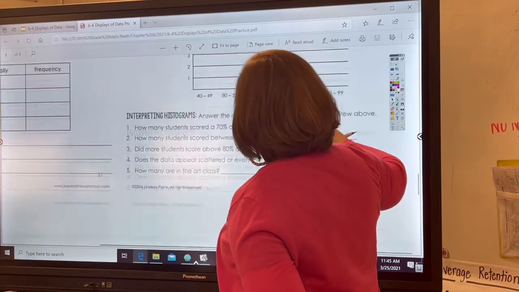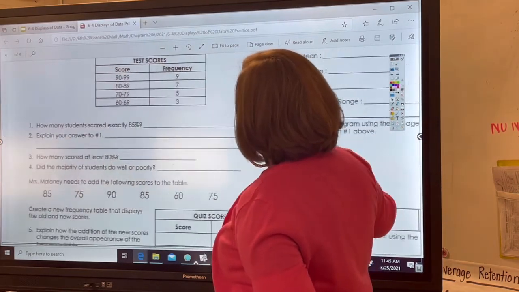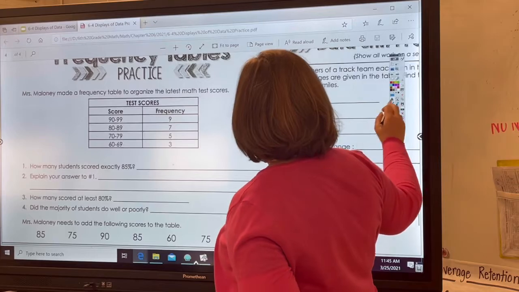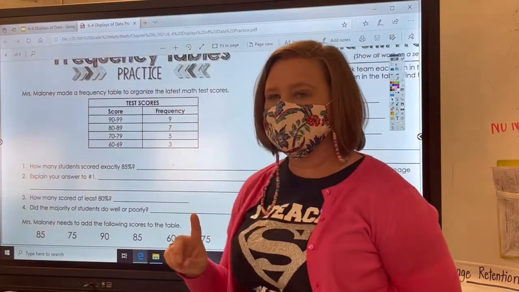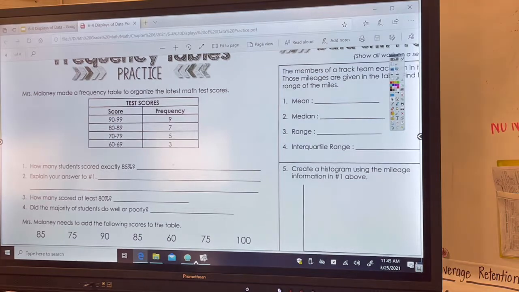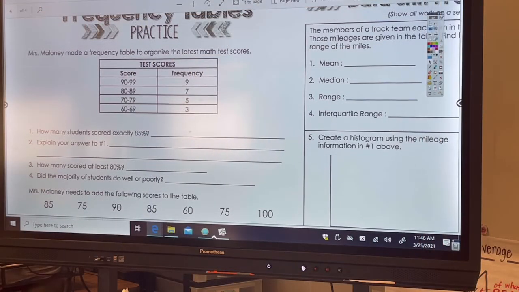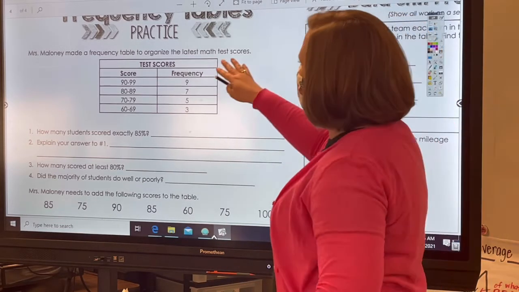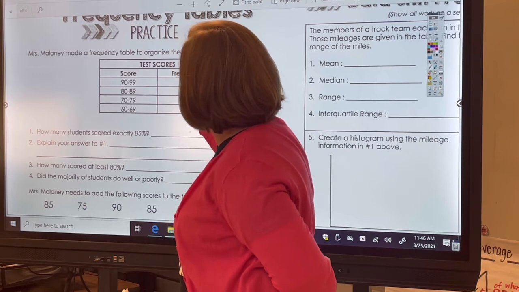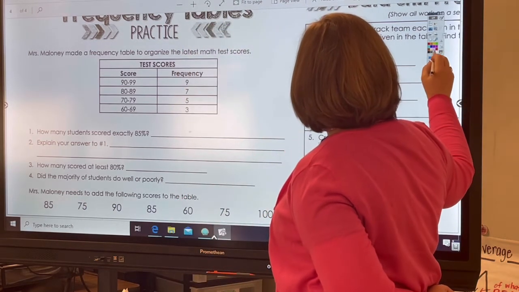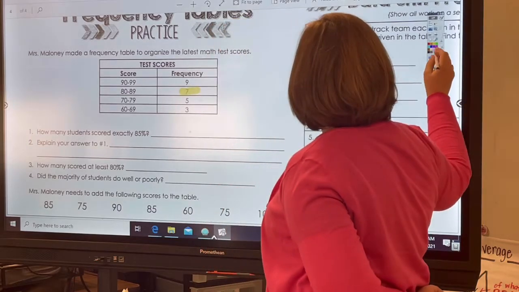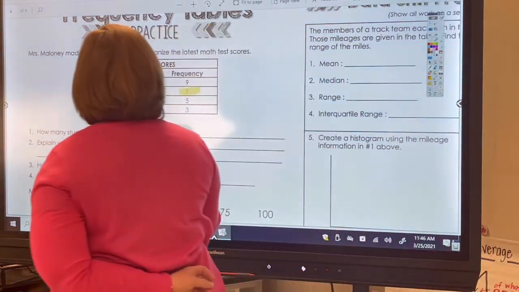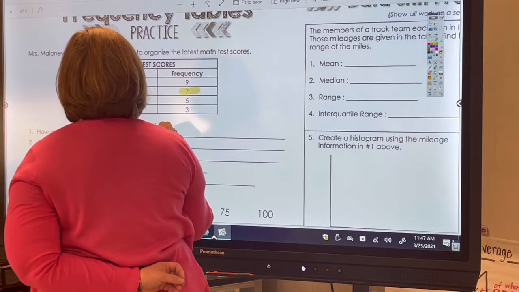All right, let's look at, okay. The last 2 I'm not gonna do with you. You're gonna have to do those on your own. Okay. So how many students scored exactly 85%? In our frequency table, we know that 7 people scored 80 to 89. But do we know how many students scored exactly 85? We don't. So you cannot get that data from a frequency table.